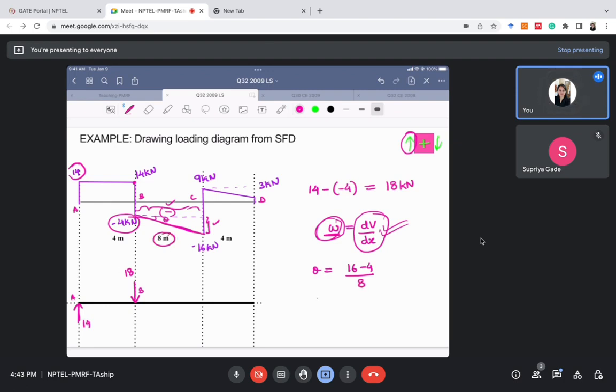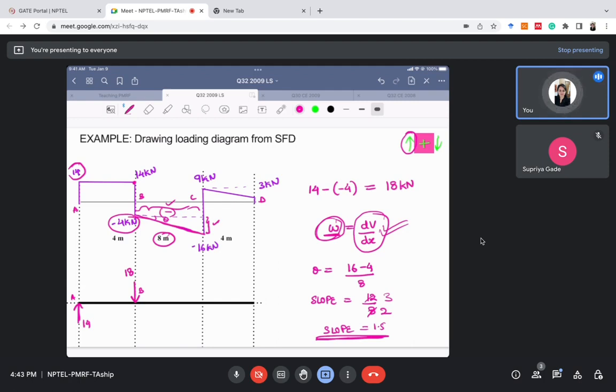The slope of the shear force diagram for section BC will be 12 by 8, so the slope for section BC will be 1.5. Sorry, not in kilonewton. So the slope is 1.5.